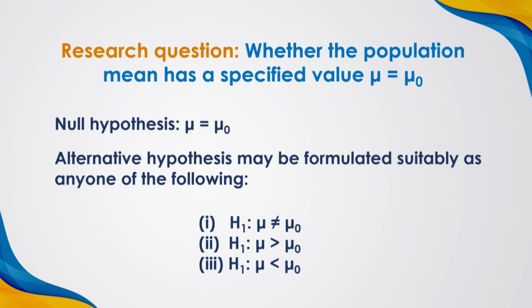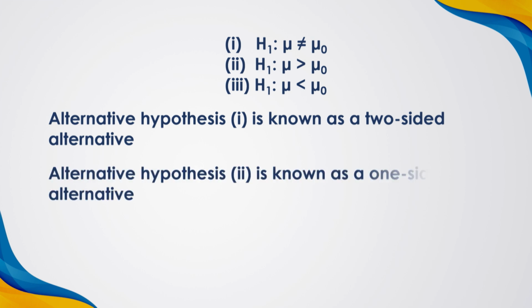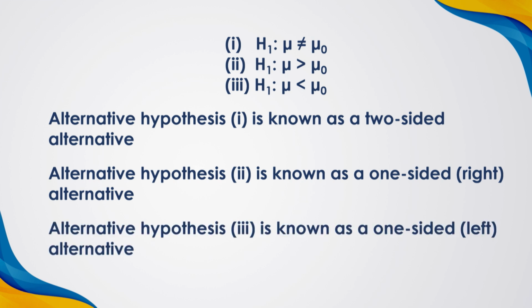Therefore, 3 possibilities are there, and the characteristics of these 3 possibilities are: alternative hypothesis 1 is known as a two-sided alternative. Alternative hypothesis 2 is known as a one-sided right side alternative. Alternative hypothesis 3 is known as a one-sided left alternative.